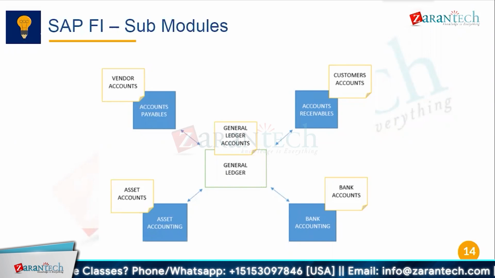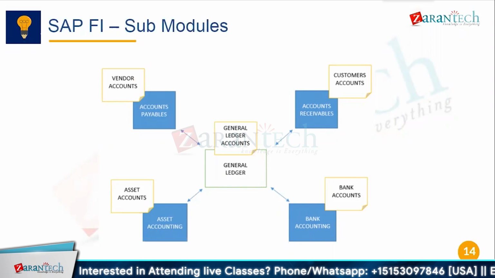There, you'll have colleagues working on the general ledger. You will have certain colleagues whose responsibility would be making payments to vendors and managing vendors' accounts. You'll have certain colleagues who will be responsible for customer collections and sending out outstanding reports. So just like in any company's accounts department, you'll have colleagues working on vendors' accounts.